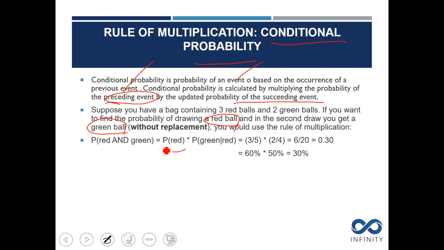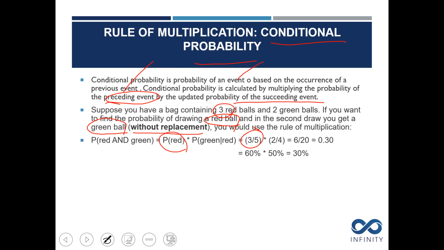So the probability of red is actually 3 out of 5, right? The chance of getting a red in the first instance is 3 out of 5. Now you remove one of the red. Now how many possible outcomes are there? Only 4. Out of 5, 1 is removed. That's what without replacement means. You didn't replace the red.